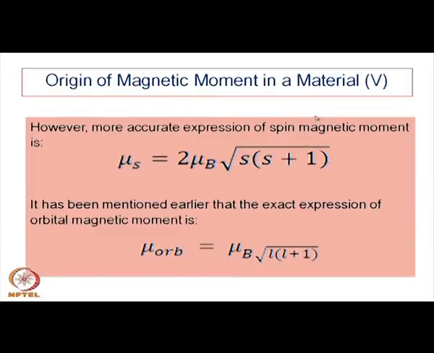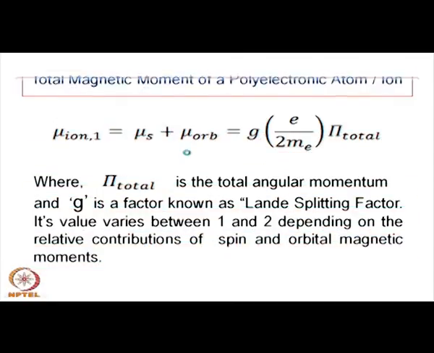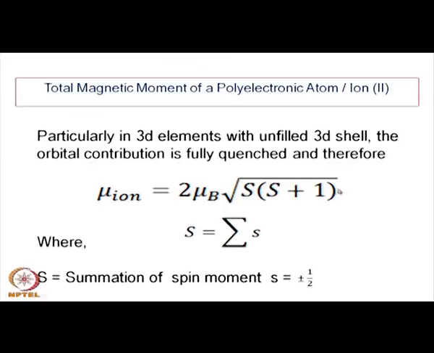We have seen it earlier, this one is the spin magnetic moment contribution and this is the orbital magnetic moment contribution. This is almost negligible compared to that. So, the overall magnetic moment of the ion consisting of several electrons is 2 μB, where S is the spin quantum number, and that is root over of S into S plus 1, where S is the summation of all the electrons.